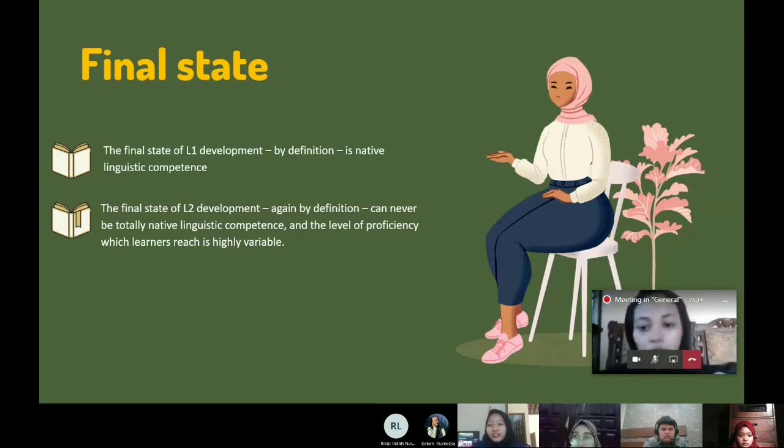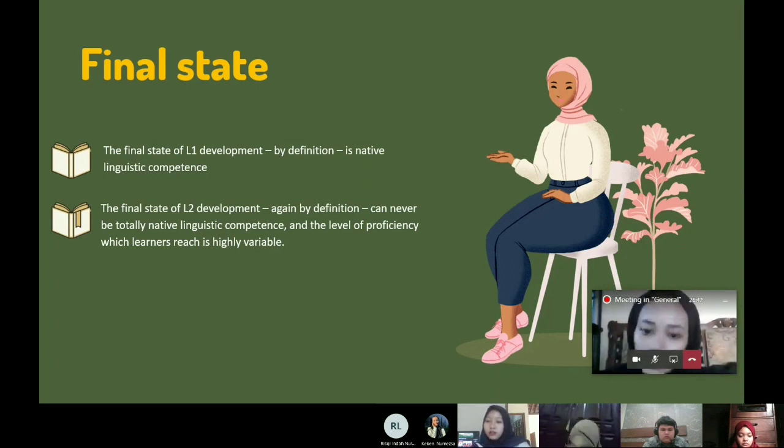communicative functions. And the final stage of learning in second language development, again by definition, can never be a totally native linguistic competence, and the level of proficiency which learners reach is highly variable.